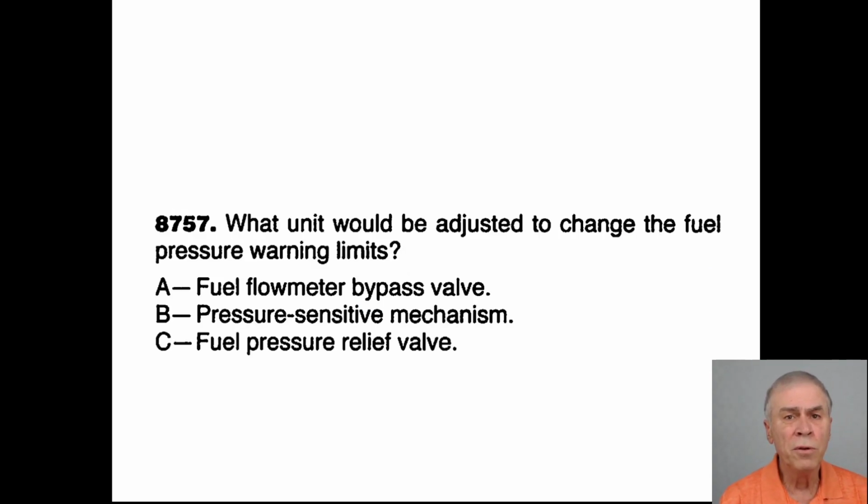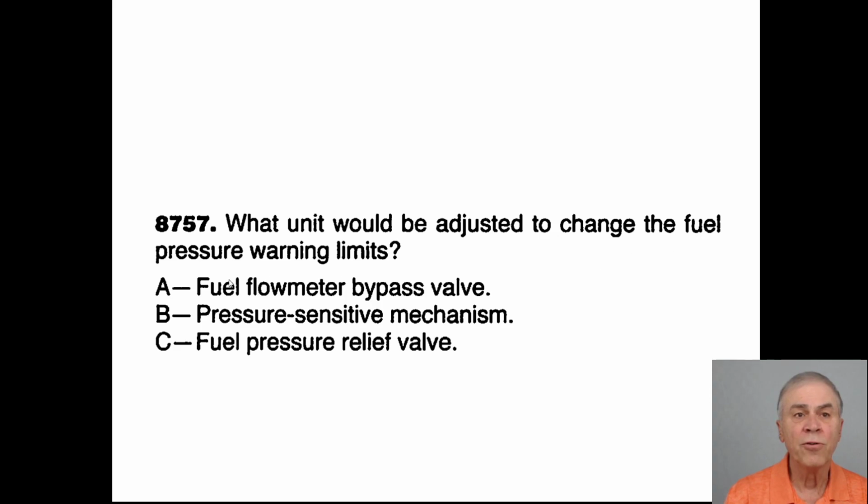What unit would be adjusted to change the fuel pressure warning limits? All right, so they are going to ask you a question like this. Is it A, the fuel flow meter bypass valve, B, a pressure-sensitive mechanism, or C, fuel pressure relief valve? A very tricky question. Generically, the most general answer would be the pressure-sensitive mechanism.